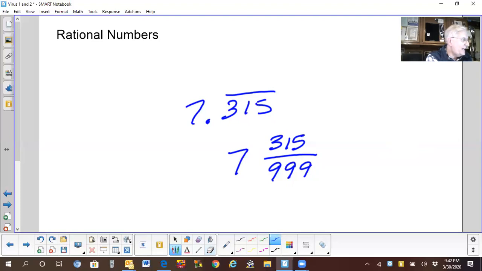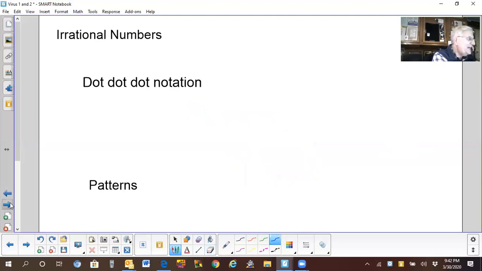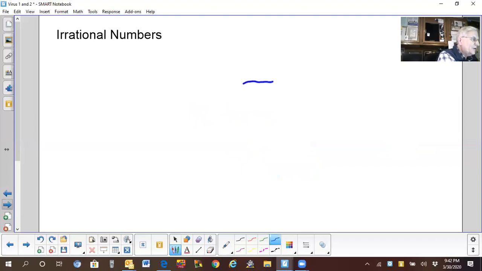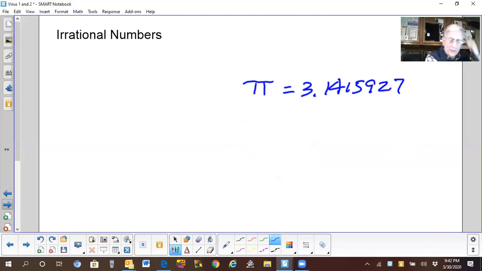And the first example we came up with was pi. If you take a look at pi, which of course is 3.1415927 to about 7 decimal places, pi does not repeat as a decimal.